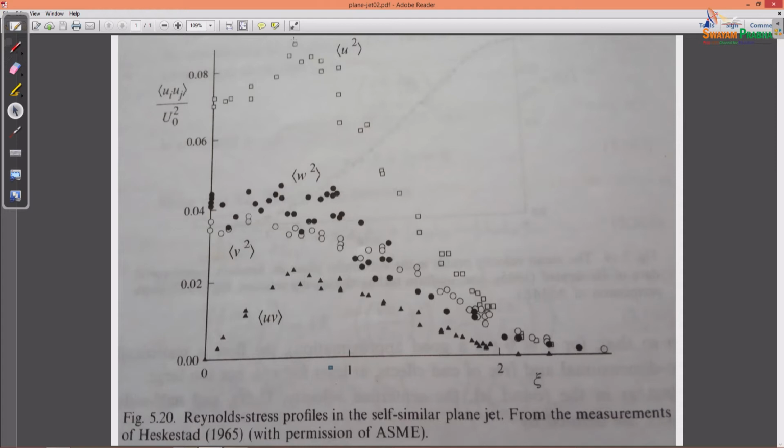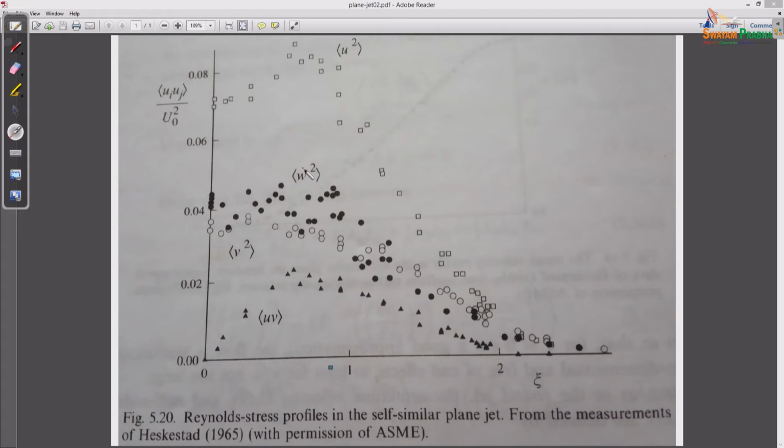The square corresponds to the turbulent kinetic energy in the x direction, u square. Then the same thing we see for v, the lateral velocity. And finally w square is the kinetic energy in the z direction.